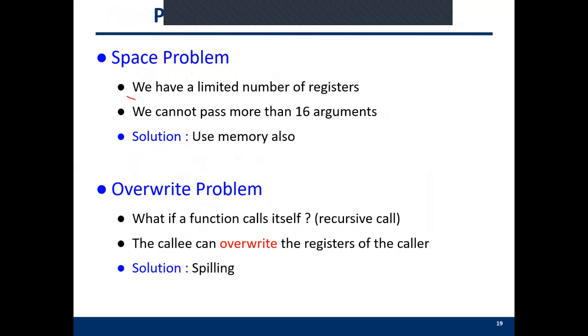So you only have a limited number of registers, and you will use those registers in both the caller and the callee. You may also need those registers to pass some parameters from the main function to your callee function. The solution is, of course, to use some memory, main memory.